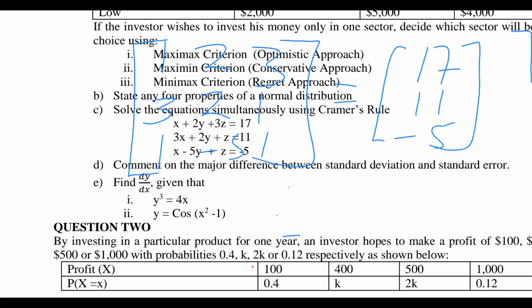I've said that the first column is for the X values, isn't it? So when you want to find the determinant for X, you just erase this first column for the X values, and replace it with the product matrix. Are we fine with that?